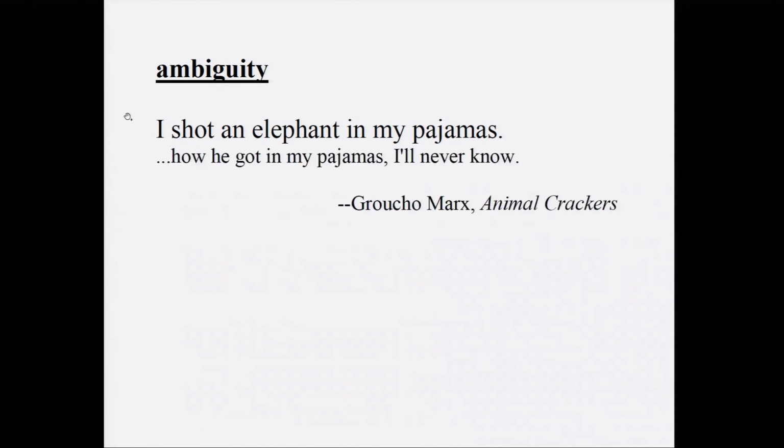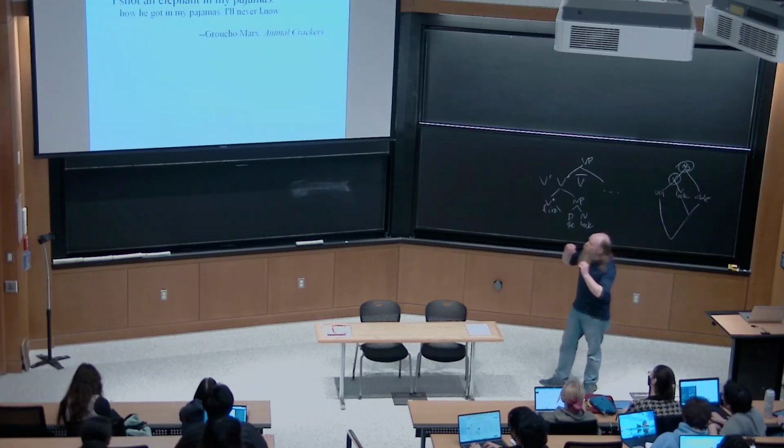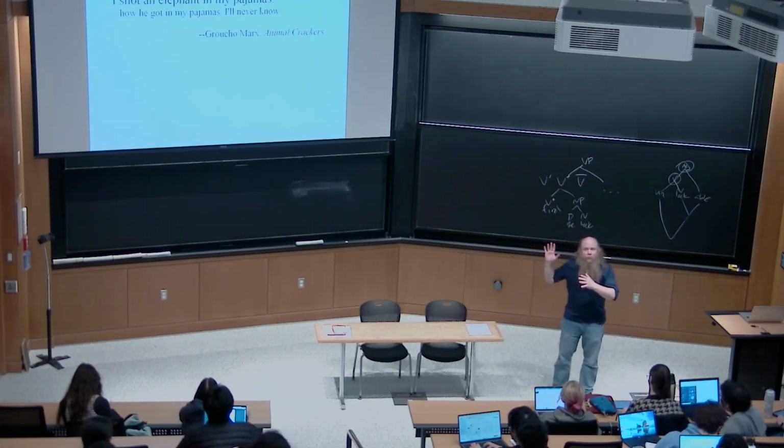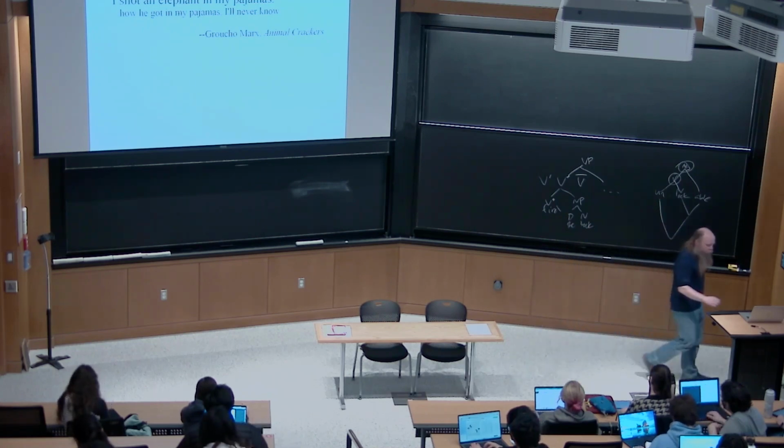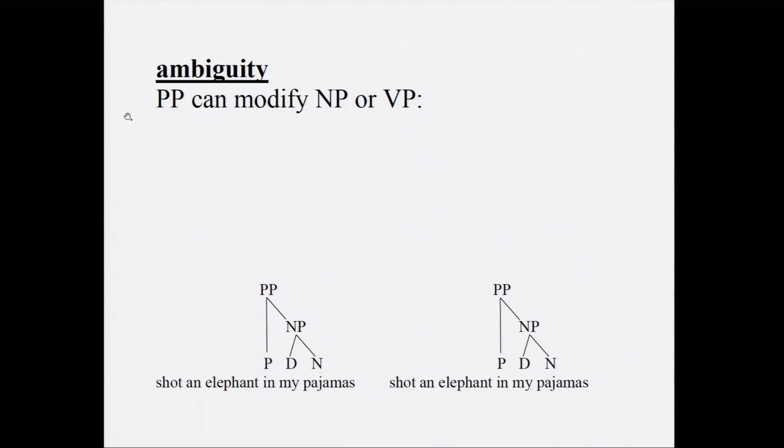And he says, how he got in my pajamas, I'll never know. So Groucho Marx here is making use of the ambiguity of the original sentence. I shot an elephant in my pajamas has two things that it could in principle mean. It could mean I shot an elephant while I was, so here's in my pajamas.